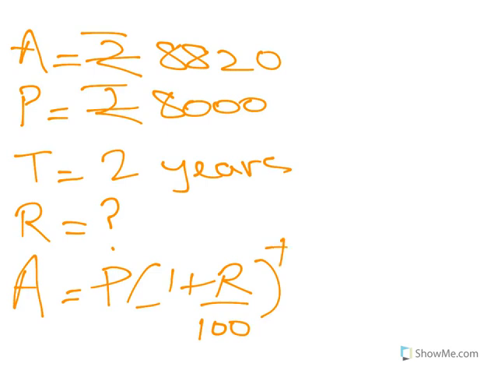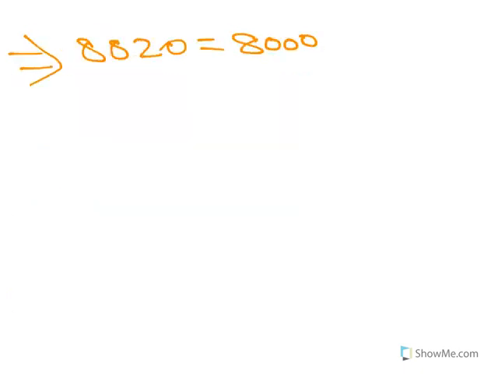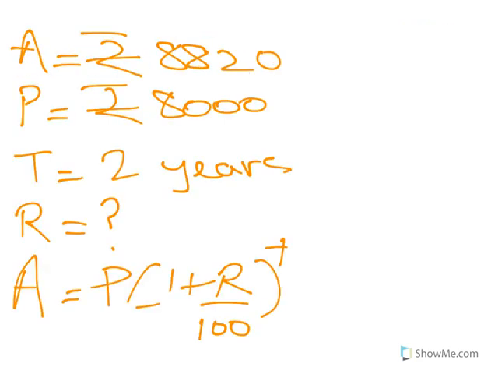Okay, so let's go to the next page and work it out here. We know that the amount is 8820. We know that the principal is 8,000. What we don't know is the rate. So 1 plus r by 100, and we know the time is 2.